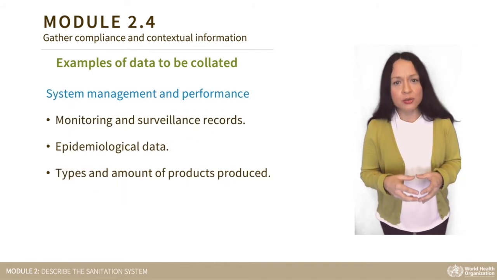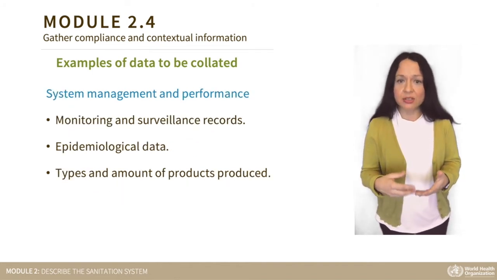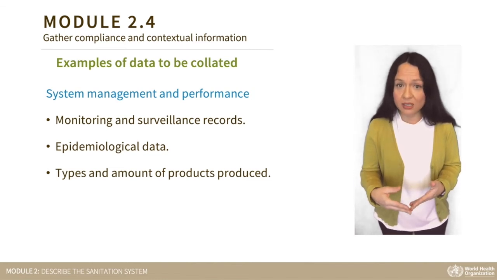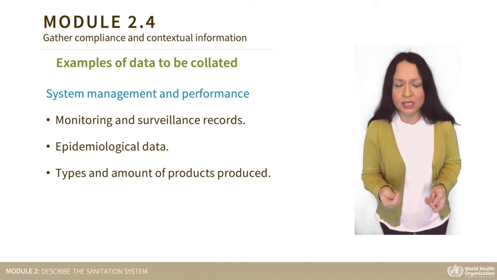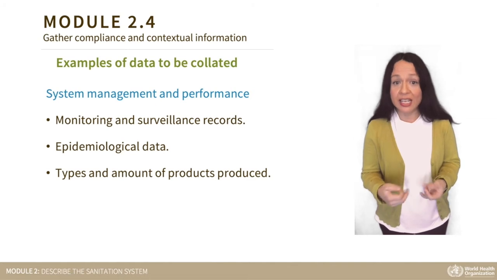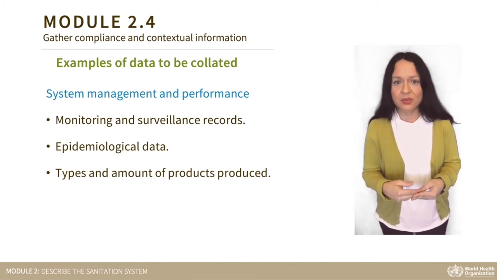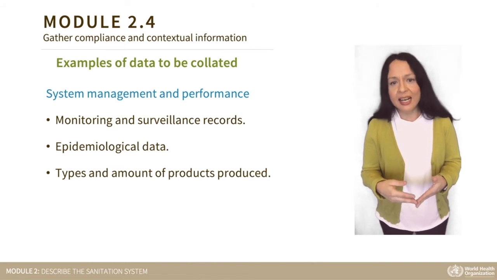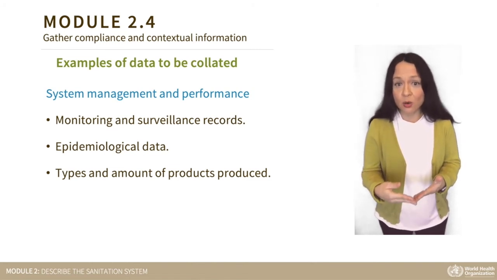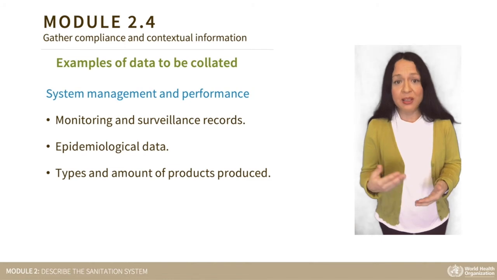You also should gather information related to system management and performance. This should provide supporting documentation related to the enforcement of regulations listed before. You should gather data related to earlier monitoring and surveillance, epidemiological data, types and amounts of products produced.